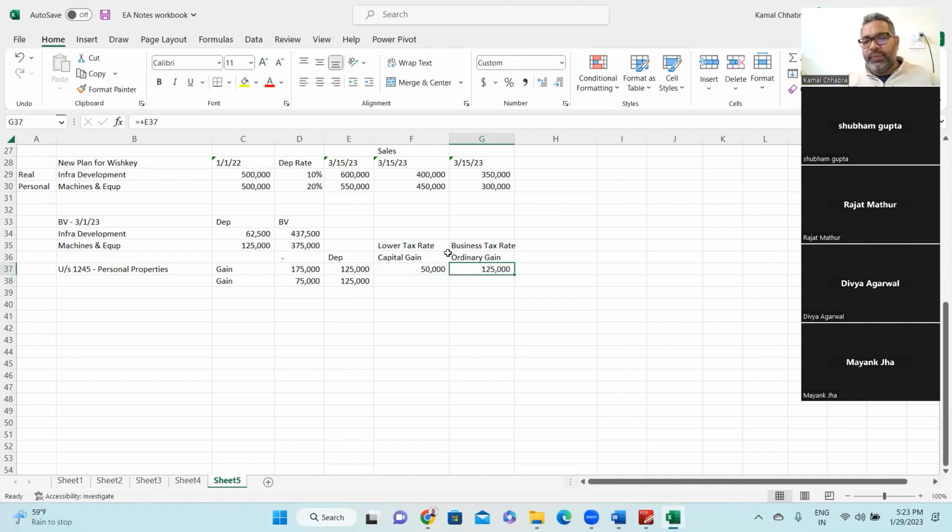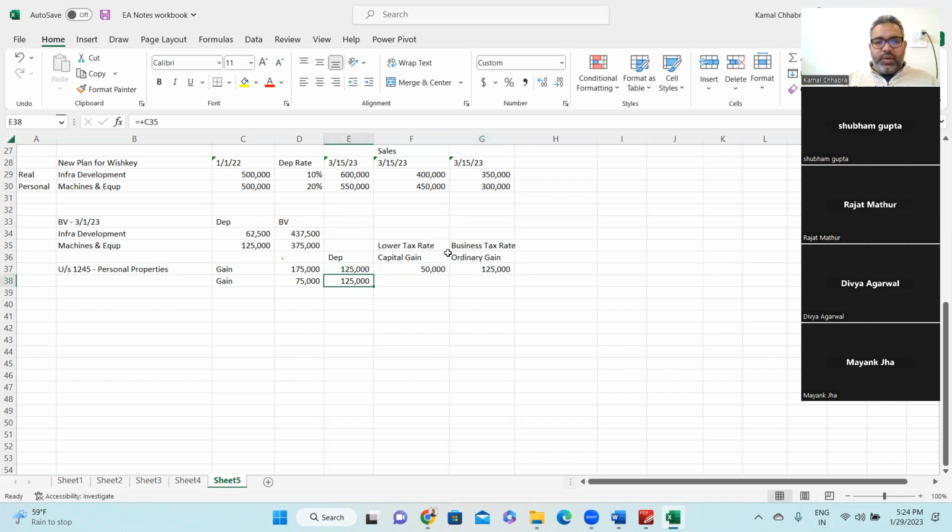So this 125,000 will be taxed at the normal business tax rate. Why? Because in the earlier period, you took the benefit of the normal tax rate. That is the reason, to the extent of accumulated depreciation, you need to pay the normal tax rate. Makes sense?